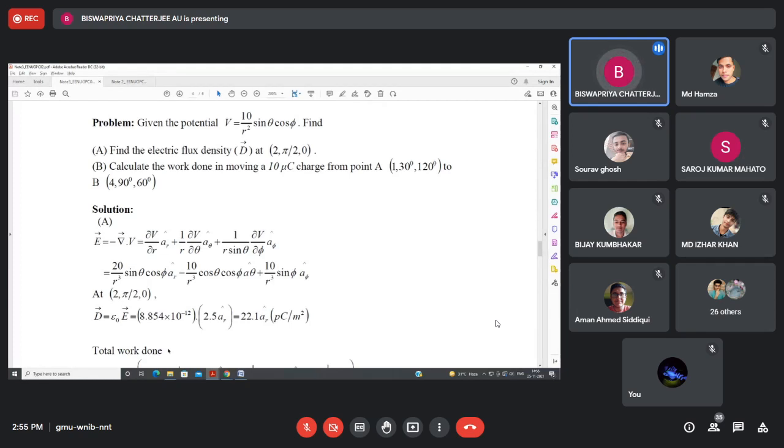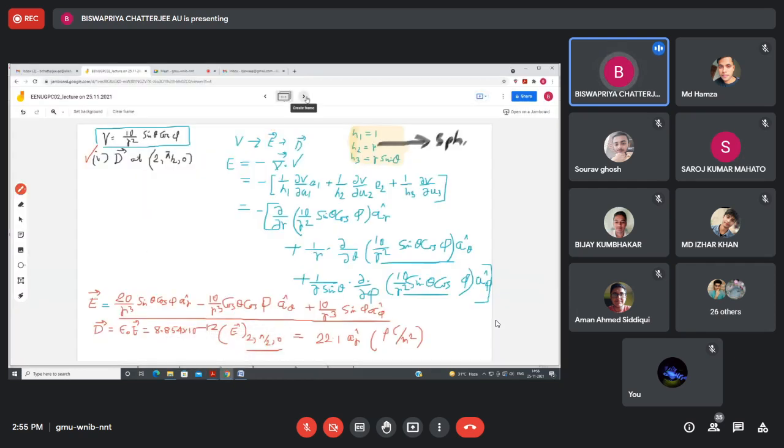Now calculate the work done. Calculate the work done in moving a 10 microcoulomb charge from position A to position B. The second part is quite interesting.